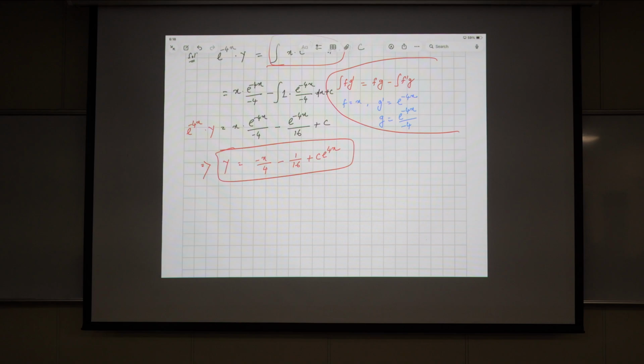And just multiply the e^(-4x) to the other side. I mean, divide, take this one to the other side. Clear?